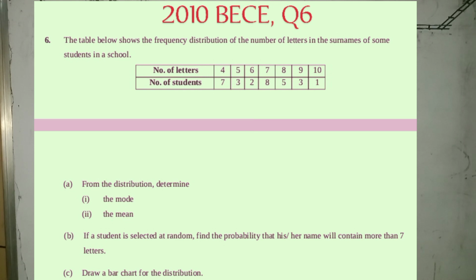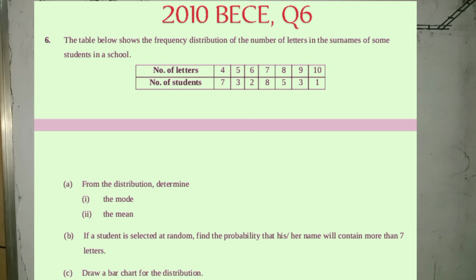In the question, we have the question as follows. The table below shows the frequency distribution of the number of letters in the surnames of some students in a school. So we have the table where we have the number of letters and the number of students, as you can see. And then we are asked to use that distribution to find (i) the mode, (ii) the mean.